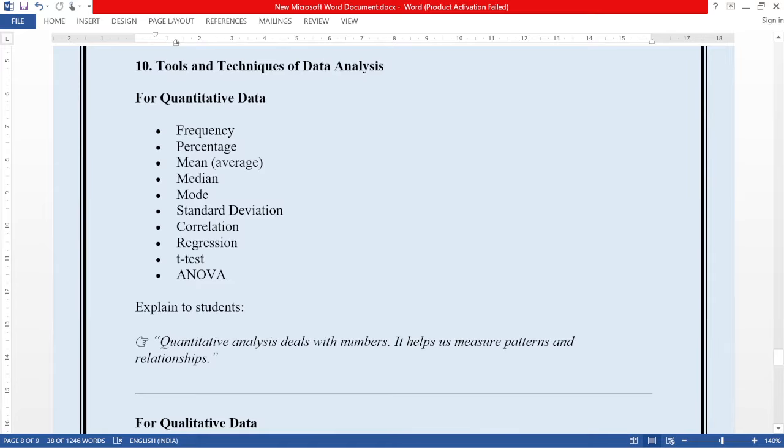Now we will talk about tools and techniques of data analysis. After collecting your data, you have to represent it as well. For quantitative data, frequency, percentage, mean, median, mode, standard deviation, correlation, regression, t-test, and ANOVA are the major statistical tools used to analyze your data as per the need.